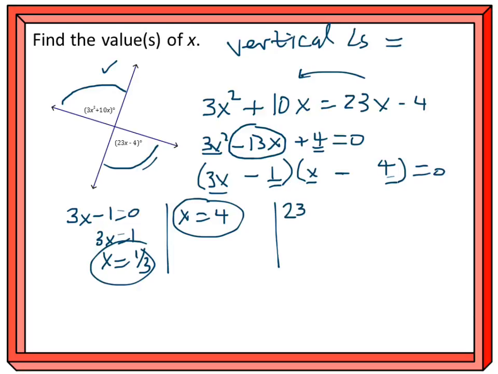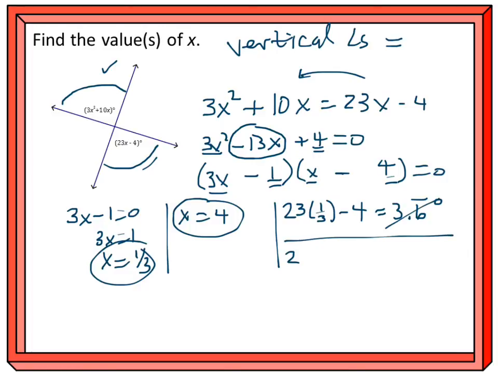So 23 times a third minus 4, which I'll punch into the calculator to get an approximation. I'm going to get 3.6 repeating degrees. That looks a little bit more than 3 degrees, so that's kind of questionable. It's unlikely.